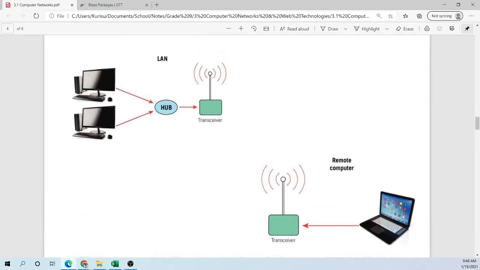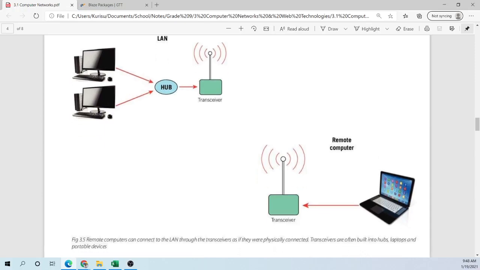So this here is a diagram of remote computers connecting to the LAN through transceivers as if they are physically connected. Transceivers are often built into hubs, laptops, portable devices. So your phone has a transceiver, your laptop, your router, all of those devices have a transceiver because they need to be able to transmit and receive.